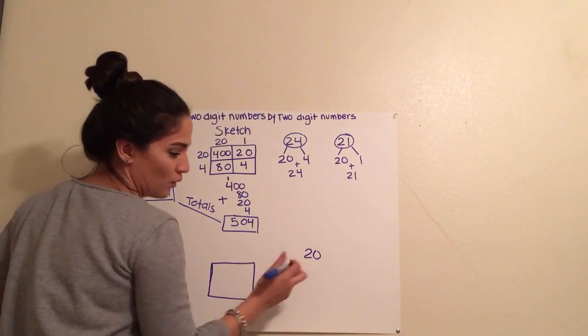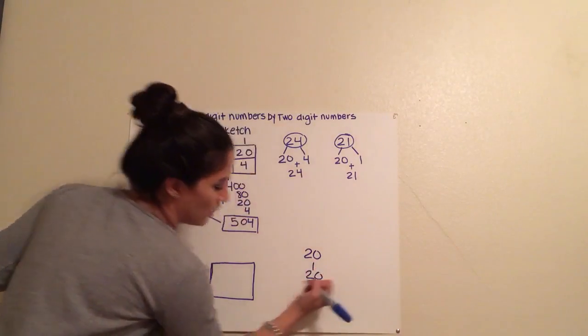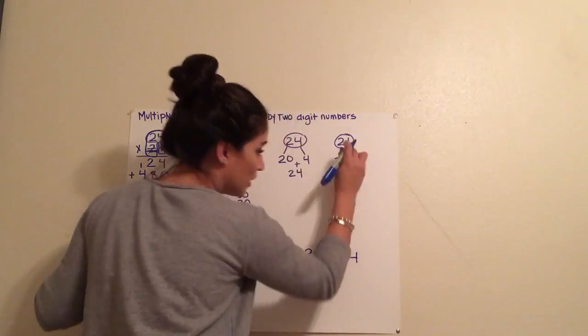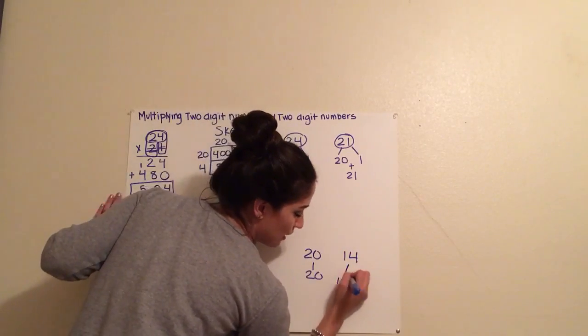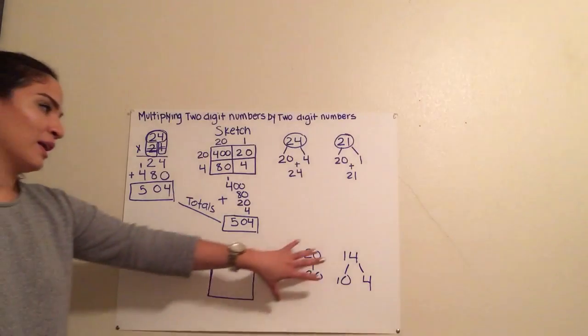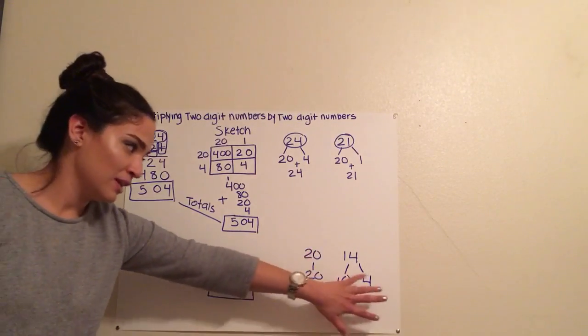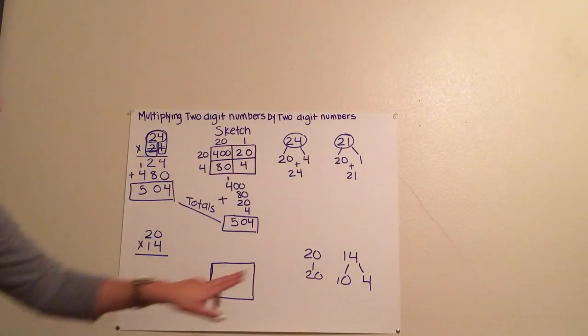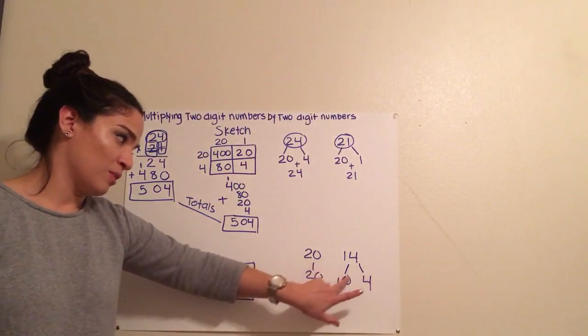So 20 would end up as 20. To break apart 14, we would do the same that we did over here. We would get a 10 and a 4. So now you're wondering, how am I going to place the 10 and the 4 and the 20 over here if you have 4 spaces and we only have 3 numbers here?